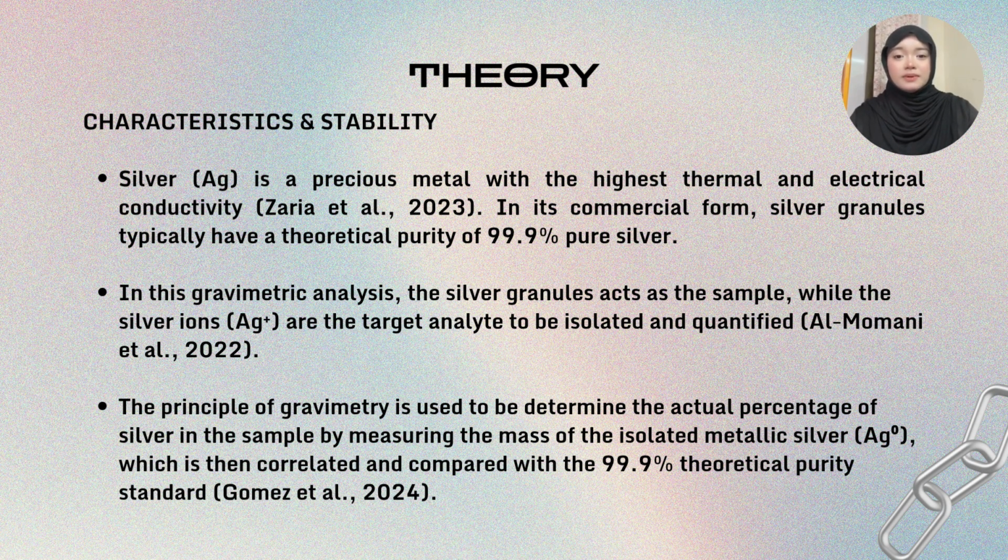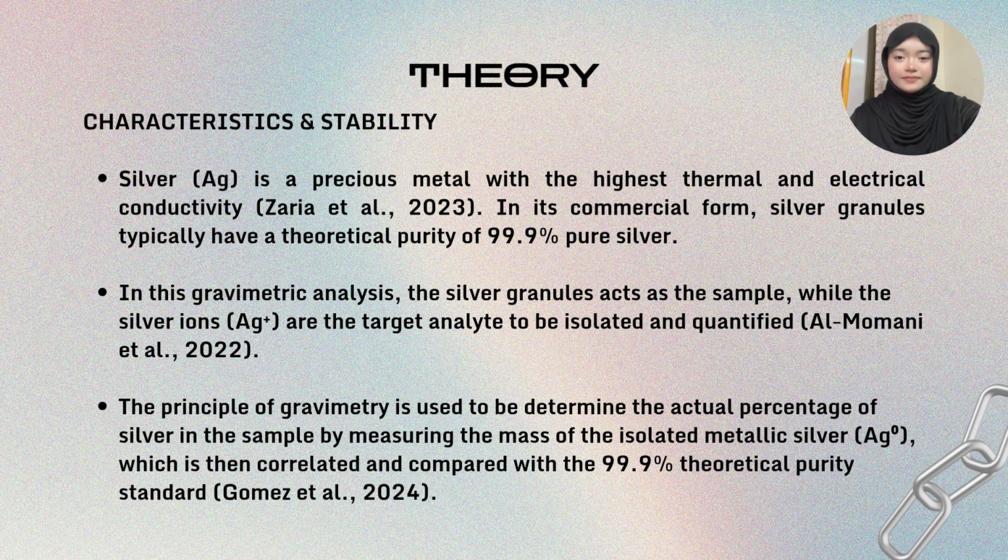We do this by measuring the mass of the isolated metallic silver. The experimental value is then compared back to our 99.9% theoretical purity standard. With that, I will hand over the presentation to the next speaker for the methodology.